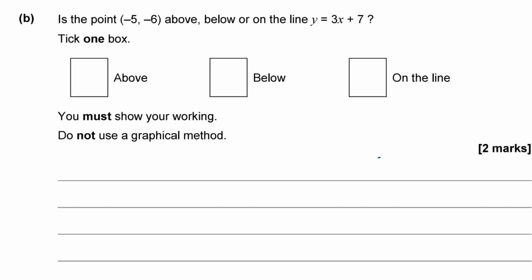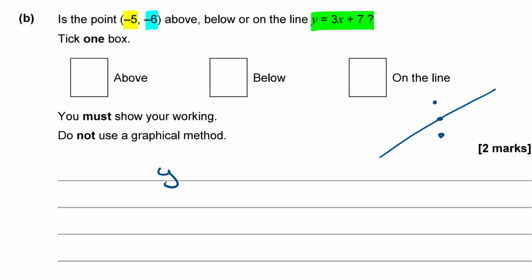So if I've got a line and I want to know whether my point is up here, on here, or below here, I'm going to take the x value from that coordinate and substitute it into my equation and see what I get. Then I can look at the value here, the minus 6, and see whether or not it's bigger or smaller than the value I get when I sub minus 5 into the equation. Okay, so let's do that then.